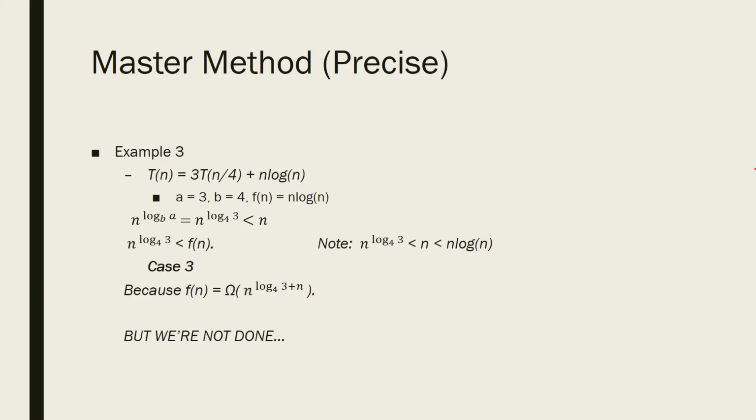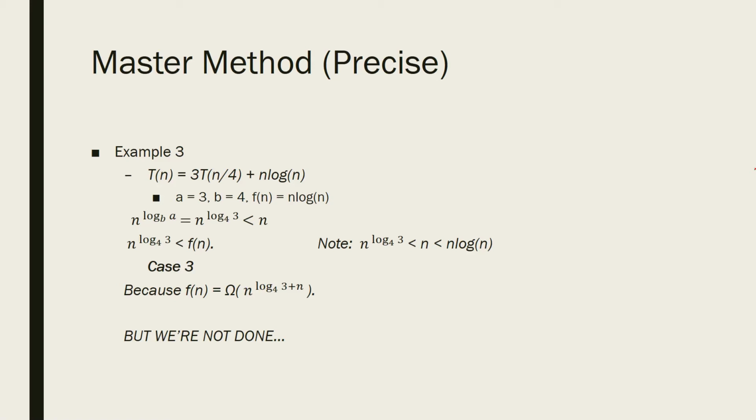Let's take a look at case 3. So we have T of n equals 3T of n divided by 4 plus n log n. We pull out a, b, and f of n. We look at n to the log base b of a. We replace that with log base 4 of 3. Without doing the actual math and figuring out what this logarithm is, we know that log base 4 of 3 is less than 1.